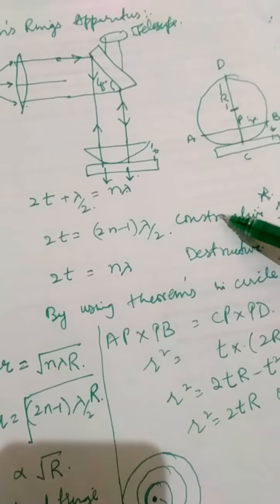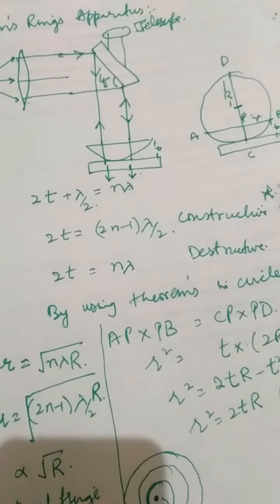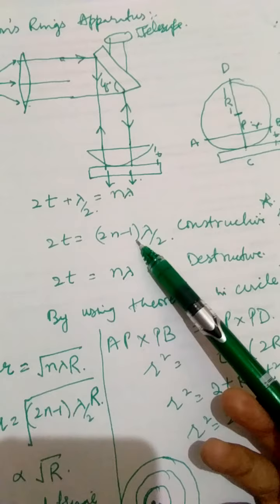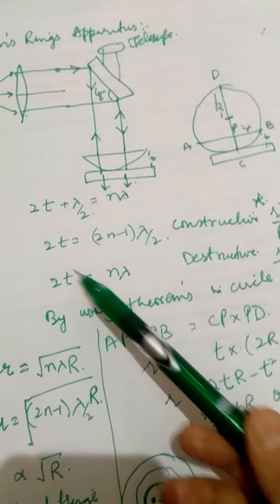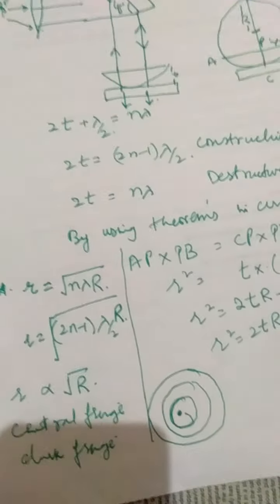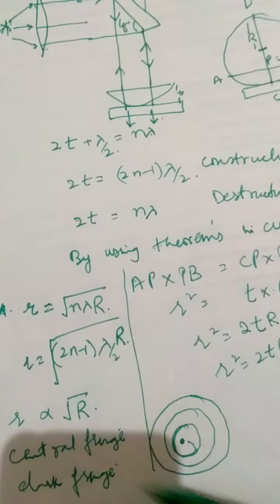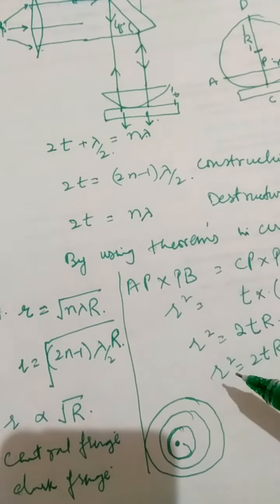The conditions of constructive and destructive interference will be reversed. That means this will be the condition for constructive interference and this will be the condition for destructive interference. And by the same scheme of derivation, we get that the central fringe will be bright, followed by the alternate dark and bright fringes, right?